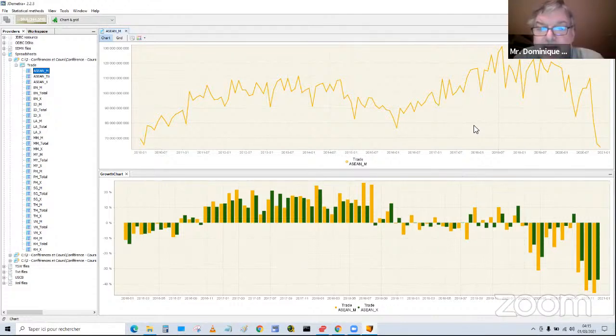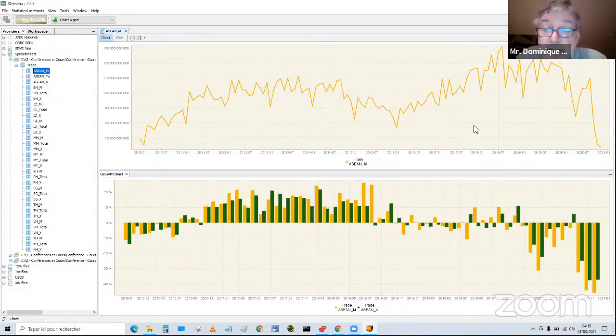But you can see that something, when I say something is wrong, I do not mean that anybody is guilty. I'm just saying that the series has this kind of shape, a break in the middle of a series, and sometimes a different time series on the left and on the right.